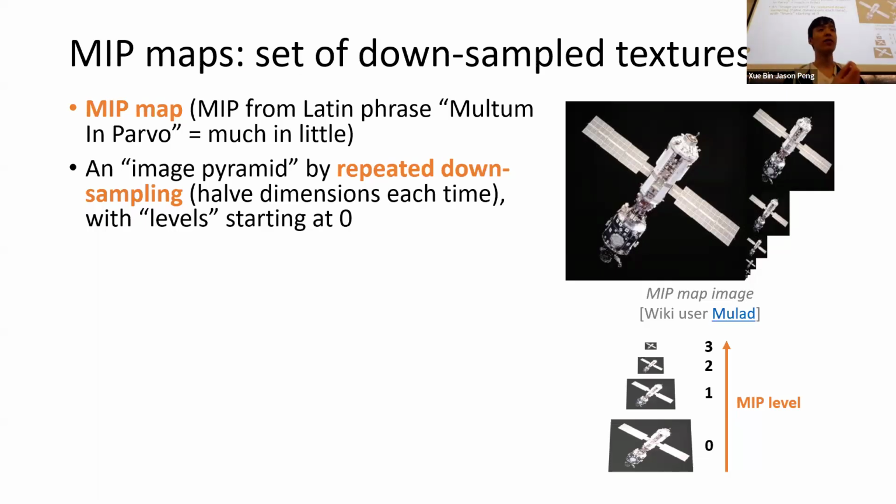And just by looking up a single texel on this smaller version of the texture, you can get the average value of a 2x2 region in the original texture. And if we need the average color of a larger region, we just have to sample from a higher and higher level in this mipmap pyramid. And this then allows us to get the average color of multiple texels just by using one single texture lookup.